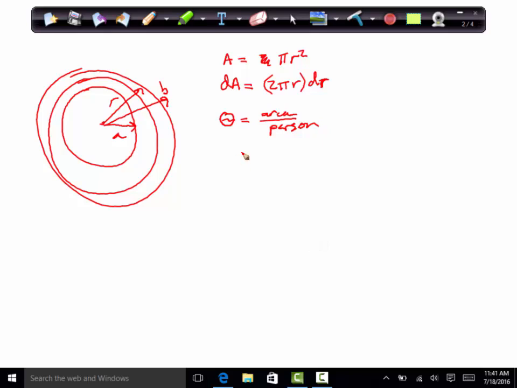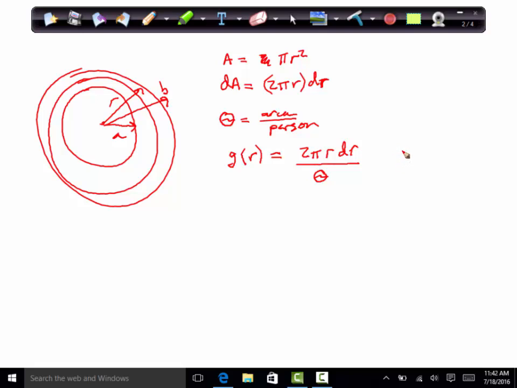So we can define a function then that's the density of seats as a function of radius. We're just going to use g here, g of r. And this is going to be the differential area per row divided by the amount of bench space that one person takes up. So this is going to have units here of, well, let's look.